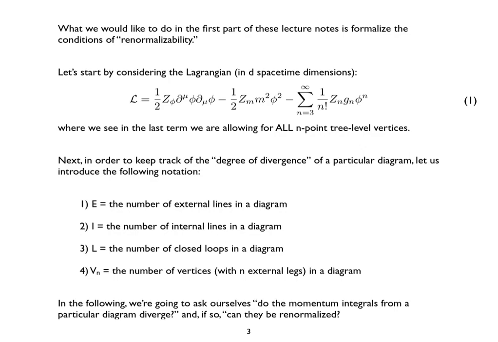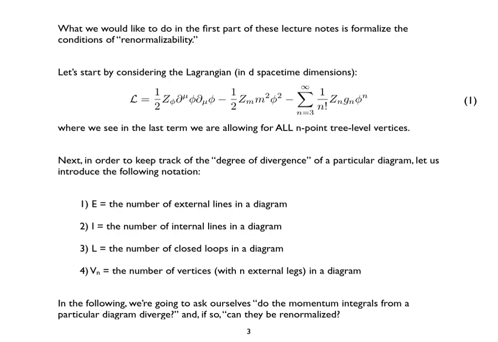We're summing starting at n equals 3, so our phi cubed theory, phi to the 4th, phi to the 5th, and so on. So this theory contains all possible vertices starting at n equals 3. Some of those are going to be renormalizable, some of them are not.